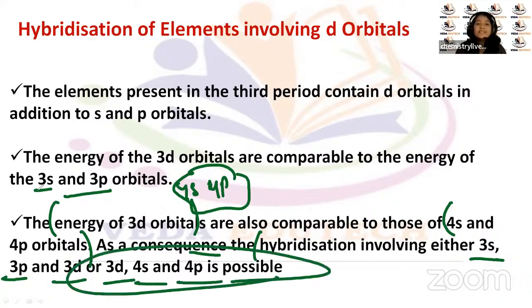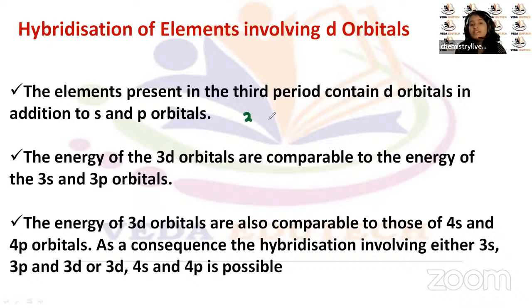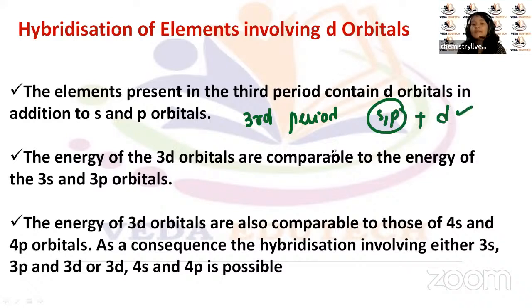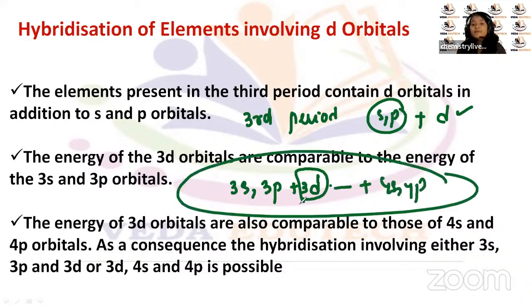Okay, so this 3d, if you are talking about a third period, they are having s and p plus d, right? So this 3d can combine either with 3s, 3p, or also combine with 4s and 4p. Okay, because this is similar to them. So you can have anything, and we'll see some examples here.